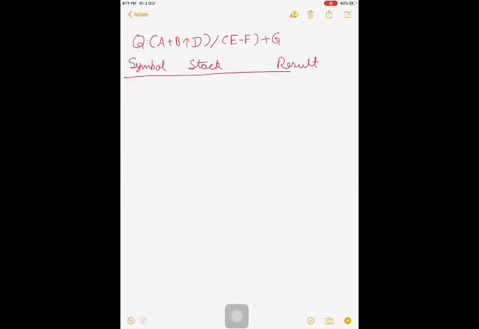The first 2 columns are smaller in size, but the result column must be larger in size. So in step number 1, we push an opening bracket onto the stack and add a closing bracket to the end of this given expression. Here it is.